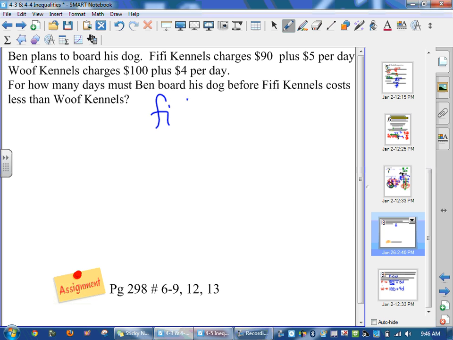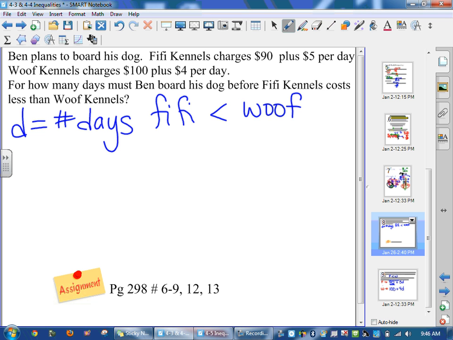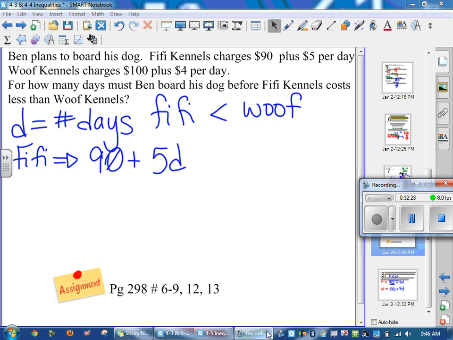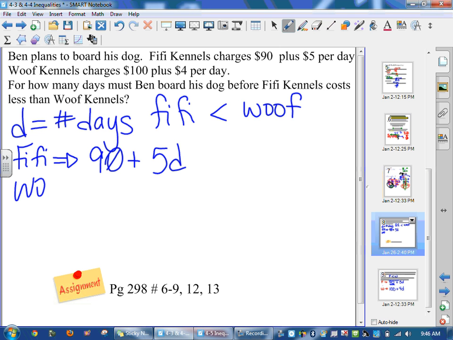And let's figure out what it means. Okay, so we've got PP Kennel. What does that give us for an equation? Well, we've got a $90 base charge plus $5 per day. And the next one, we have Whoop Kennels. Now, Whoop Kennels, it tells us, is $100 plus $4 per day.